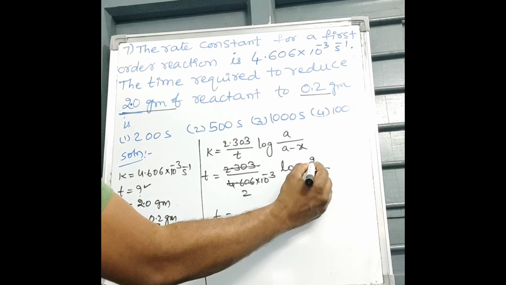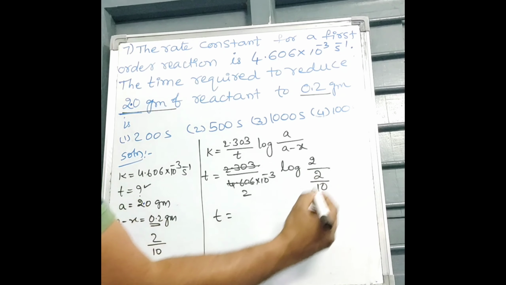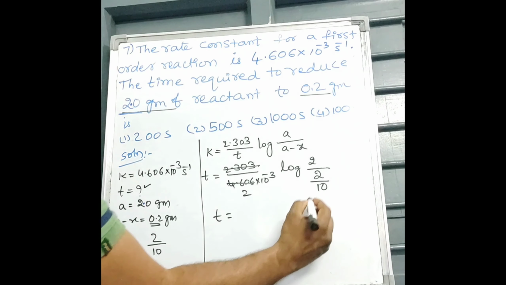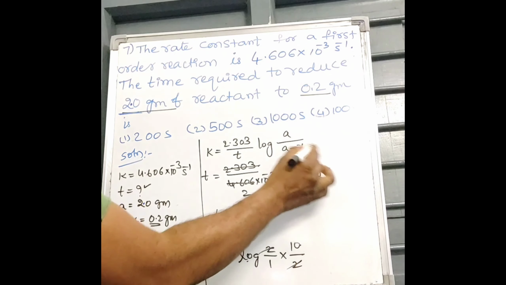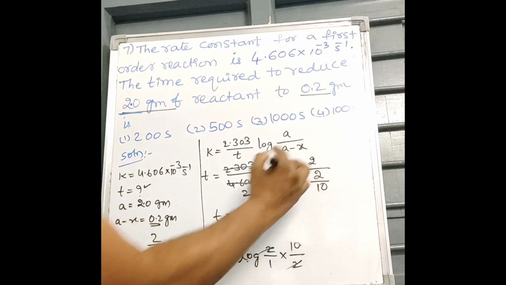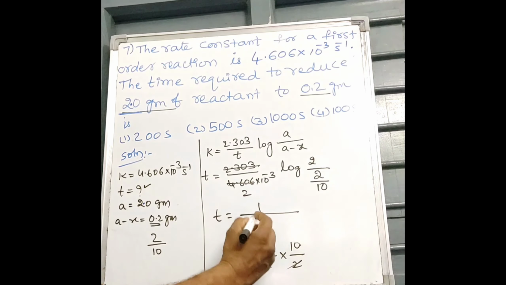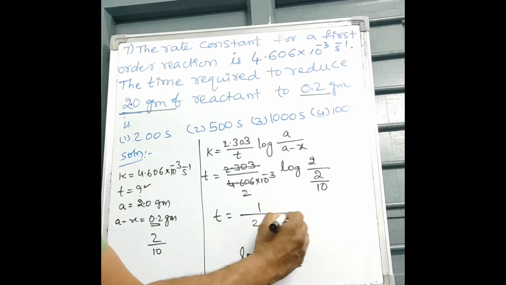And 2 by 2 by 10 means what? It can be written as log 2 by 1 into 10 by 2. So log 10, log 10 value is 1. So overall value is 1 by 2 into 10 power minus 3. The answer is here.